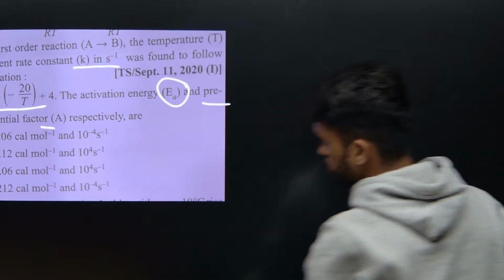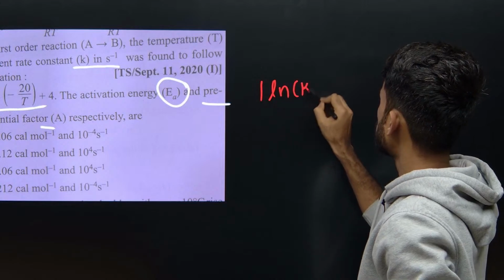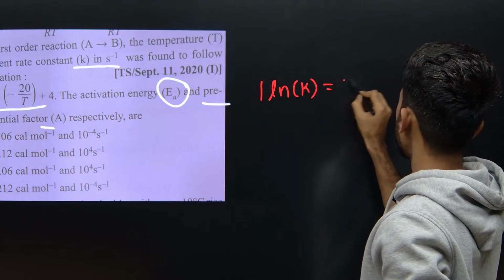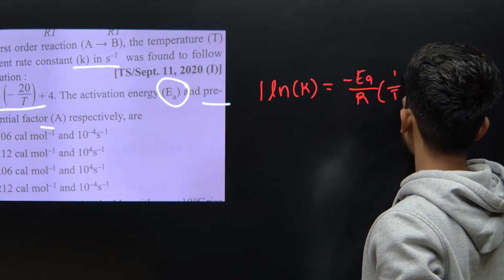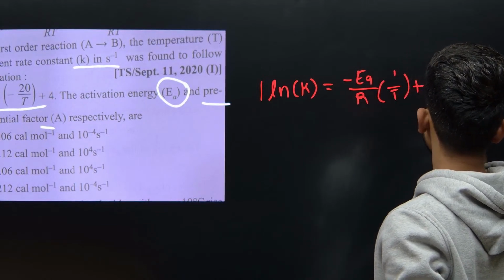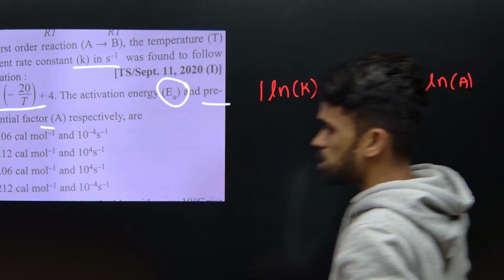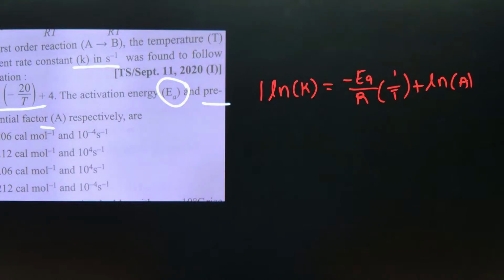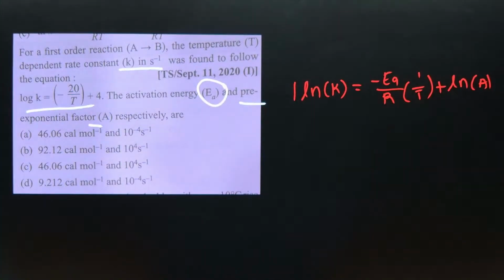We got ln of K is equal to minus EA by R into 1 by T plus ln A, and this is given in terms of log. In the question it is mentioned in terms of logarithms. So what to take here? I hope it is visible. If not, let me set the screen first.